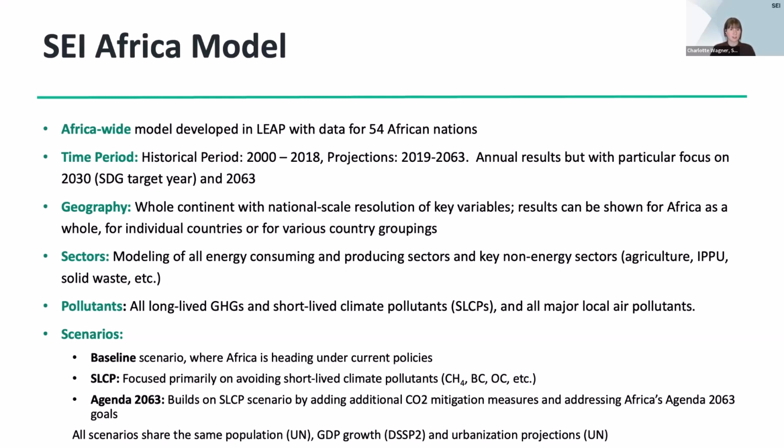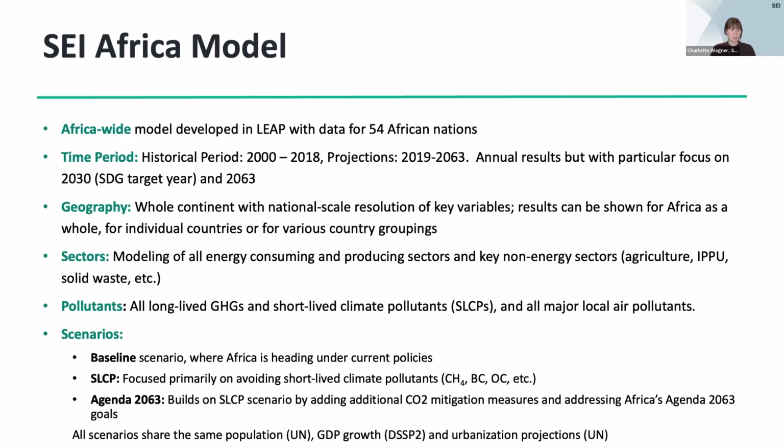And there are 3 scenarios in this model. One is the baseline scenario, where Africa is actually heading under current policies. Then there is a short-lived climate pollutant scenario, which is focused primarily on avoiding these pollutants.